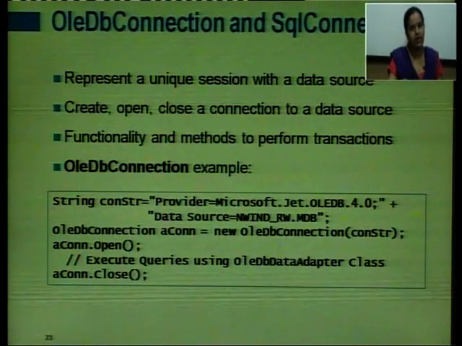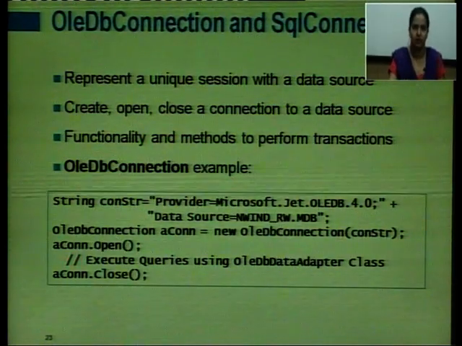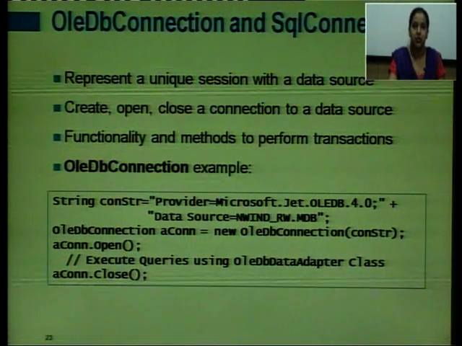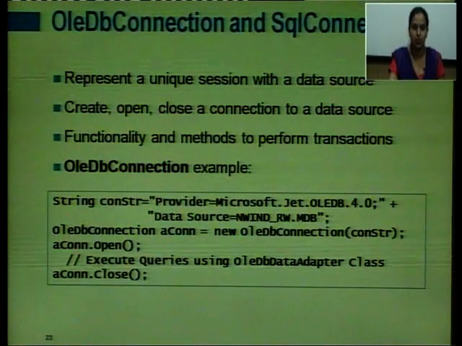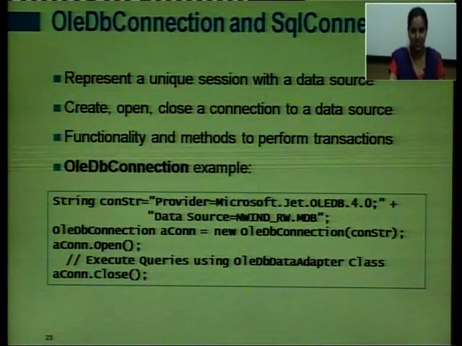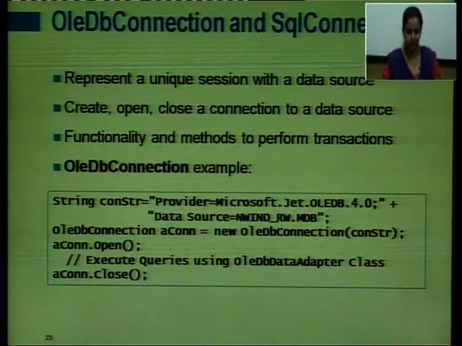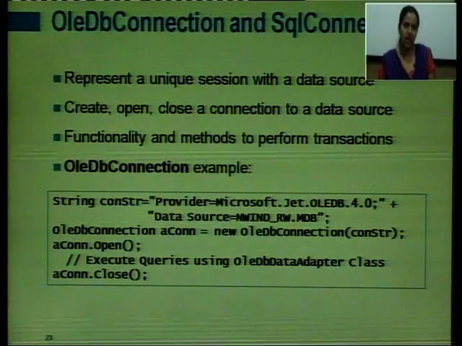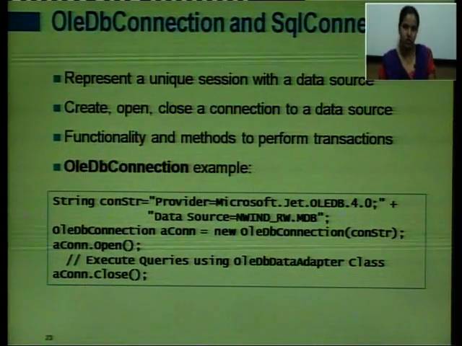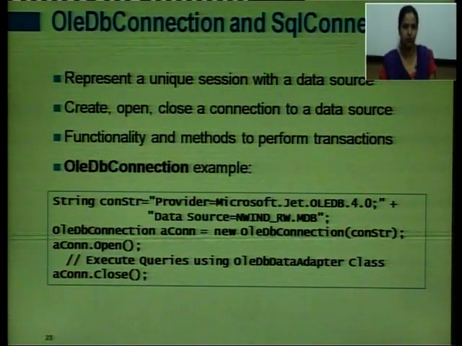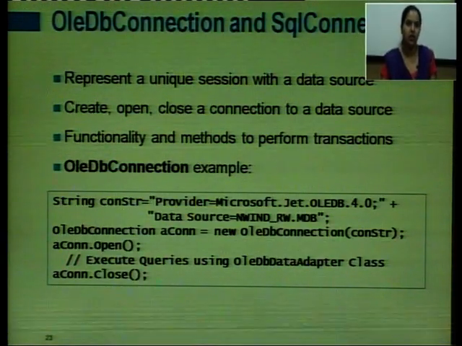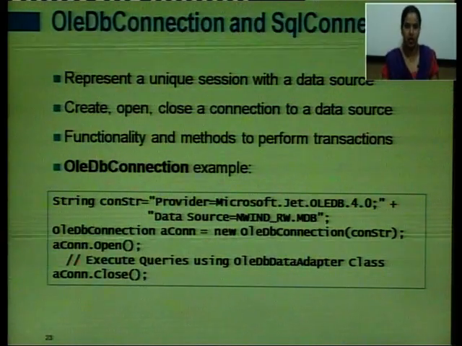Here is the OleDbConnection and SqlConnection. It represents a unique session with the data source. It creates open and close connections to the data sources, with functionality and methods to perform the transactions. Here you see the example of the OleDbConnection. This is the connection string.